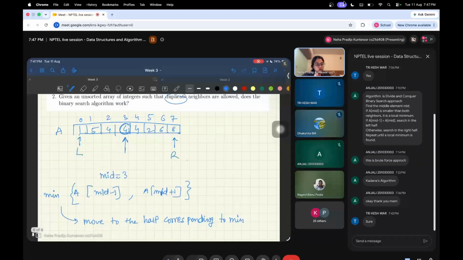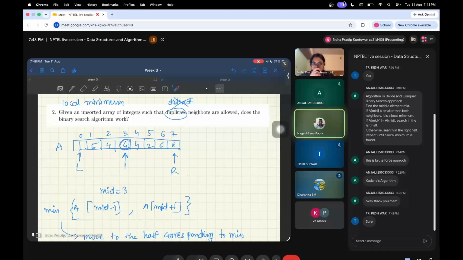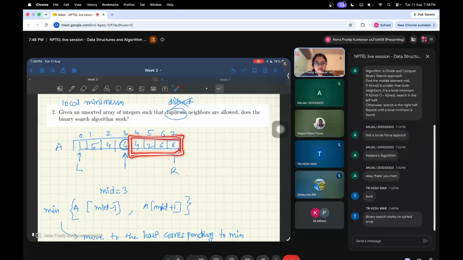But now the problem that arises is that there are duplicates here. They are the same, so we can't make a decision whether to go to the left or to the right. If we arbitrarily decide that I'll go to the right, then we are saying that our answer lies here, but we're looking for a local minima.